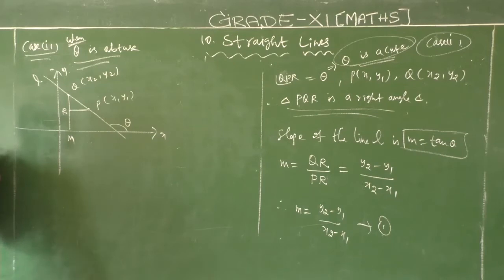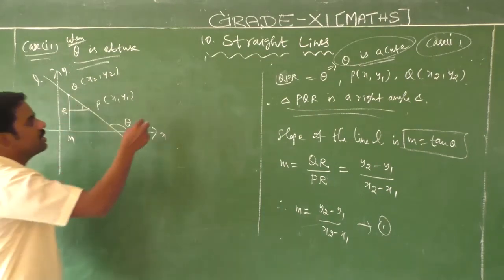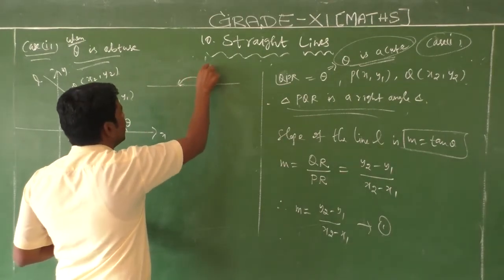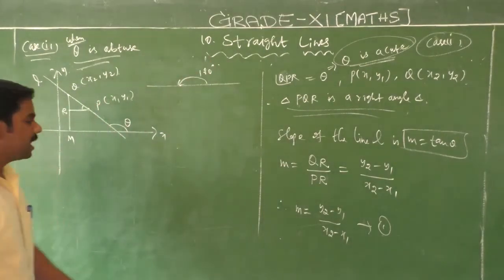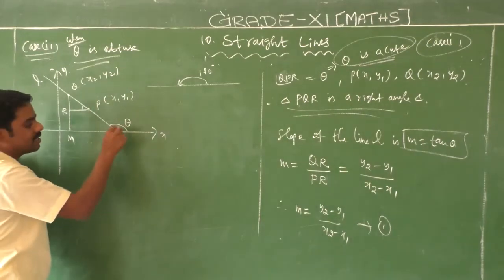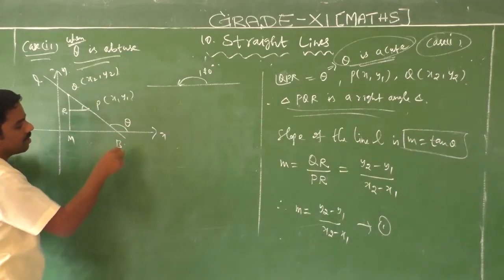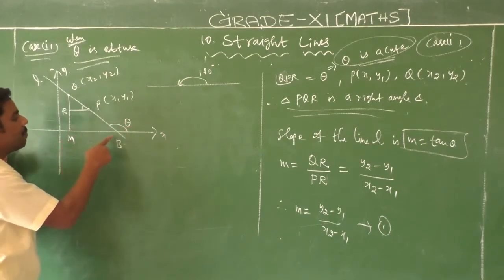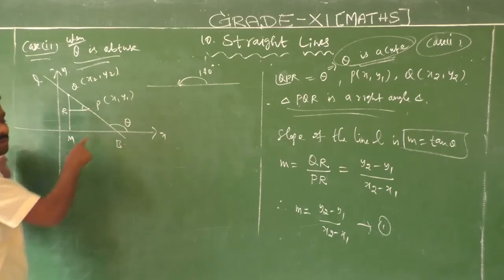Here the angle is 180 minus theta. We know that a straight angle, a straight line, is 180 degrees. This point is called B. The angle at B is theta. Then angle MBL is 180 minus theta.